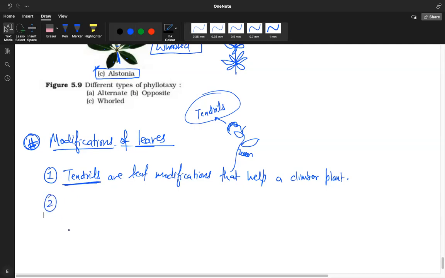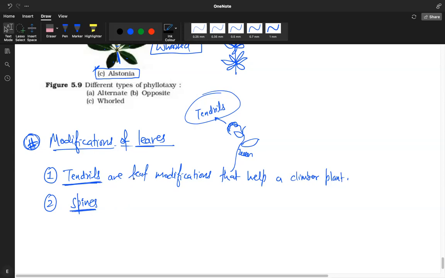Any other modification you can remember now? Spines. Apart for protection, yes, right. So they can form spines.